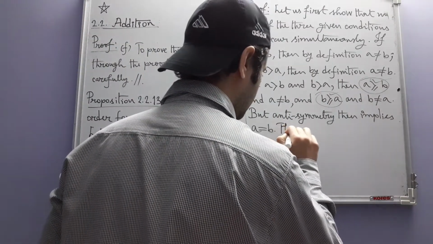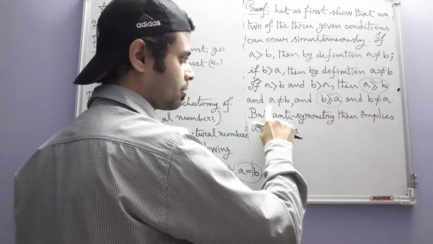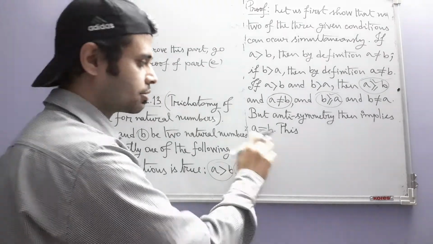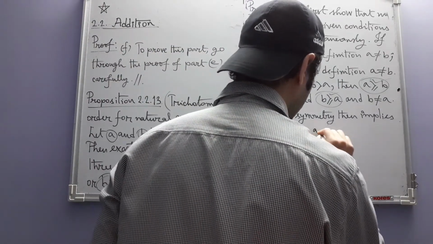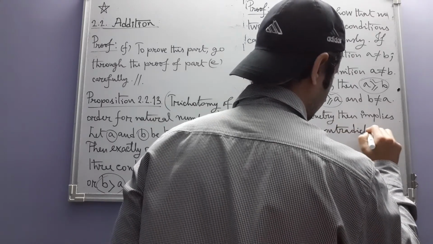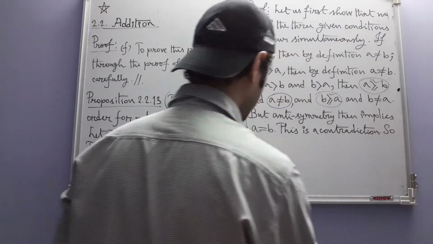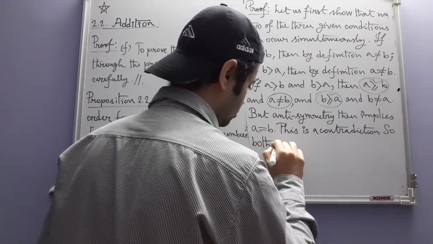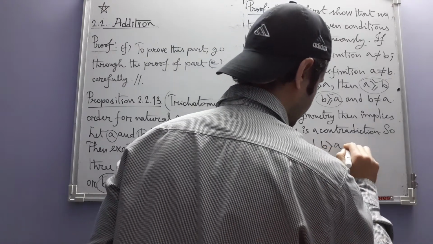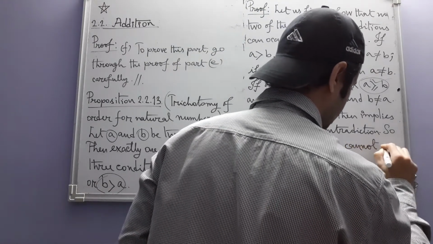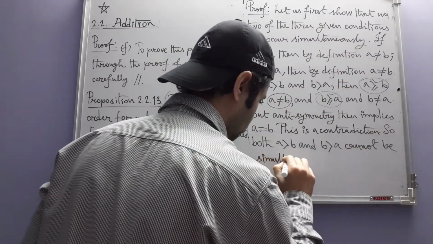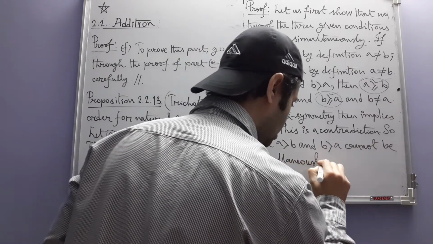This is a contradiction, and what is being contradicted? Because we are already given that A is not equal to B. Here, however, we are getting that A is equal to B. This is a contradiction. So both A greater than B and B greater than A cannot be simultaneously true.